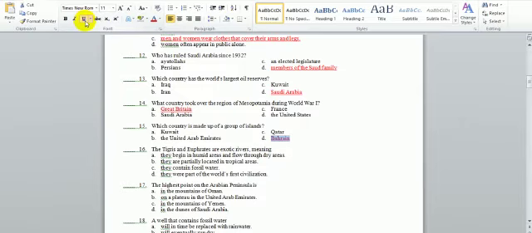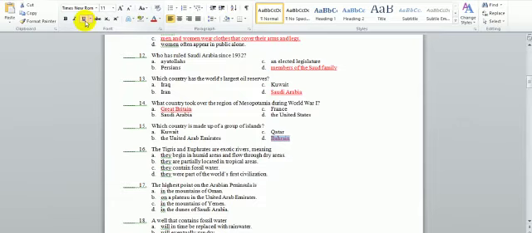The Tigris and Euphrates are exotic rivers, meaning they begin in humid areas and flow through dry areas. They are partially located in tropical areas. They contain fossil water, or they were part of the world's first civilization.